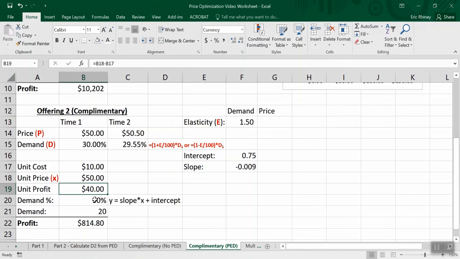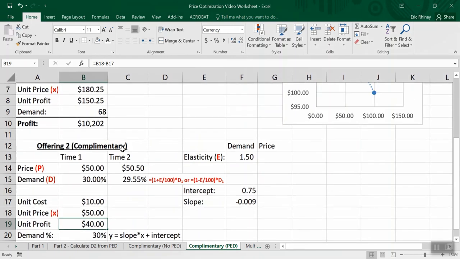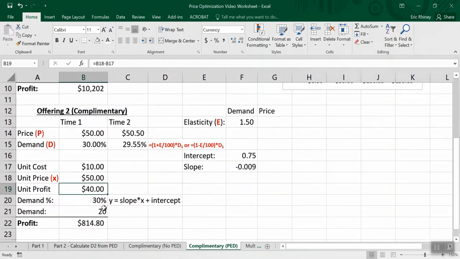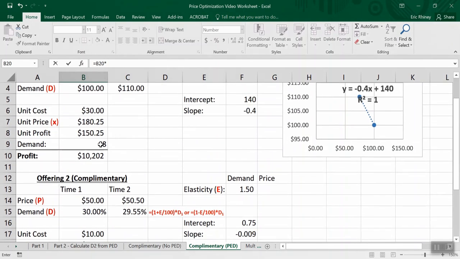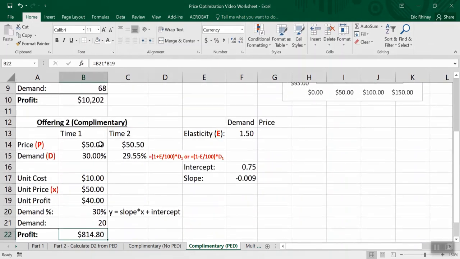All right, now what we have to do is actually multiply this demand percent times our demand up here in order to get our demand down here. So equals whatever we derived as far as our demand percent using our demand curve based off of our particular price point times our demand of our first offering.